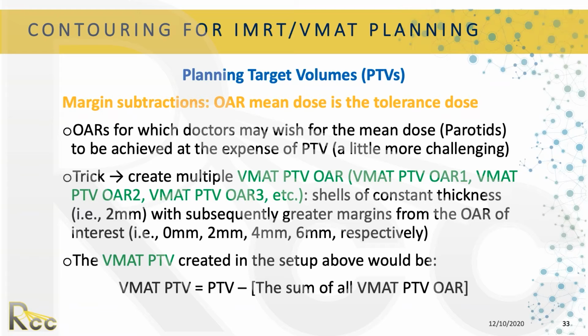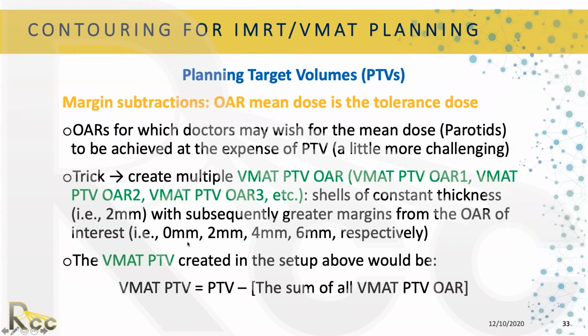So basically the trick here, we're going to be creating multiple VMAT PTVs. So the VMAT PTV that I explained before, we're going to be creating multiple of those, like PTV VMAT OR3, and so forth, which are going to be shells of constant thickness, let's say 2 millimeter, with subsequently graded margin from the ORs of interest, for example, you're going to start with 0, 2 millimeter, 4 millimeters.